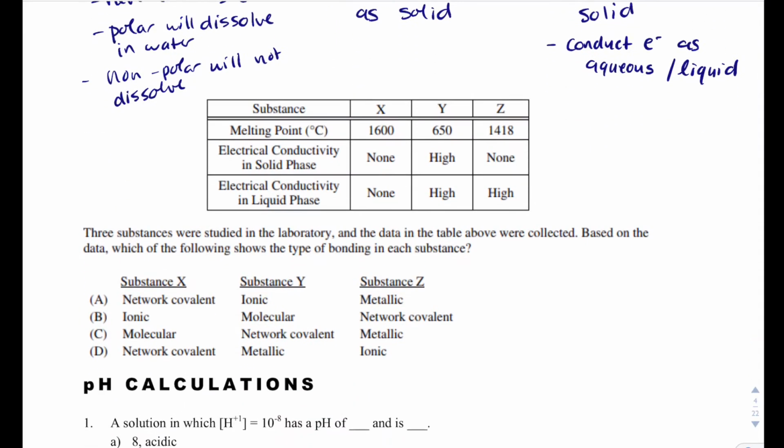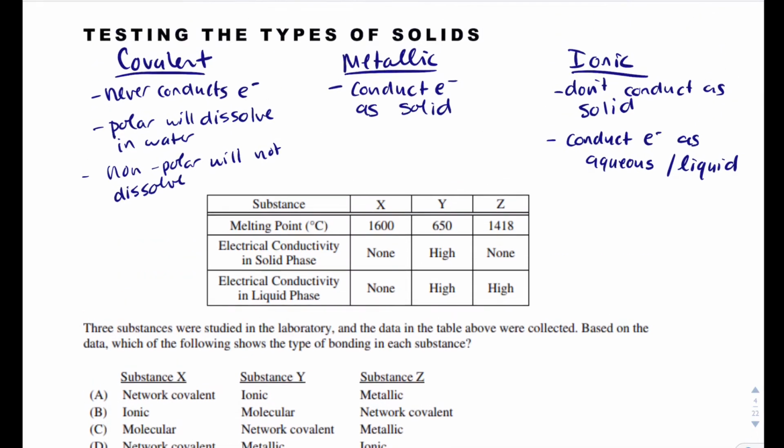So what this question says is that we have 3 substances, X, Y, and Z, and they say that they were studied in the laboratory and the data was collected. Based on the data, which of the following shows the type of bonding in each substance? So what I'm going to do is strictly look at if there's any metals, because metals are the only thing that we need to worry about conducting as a solid.